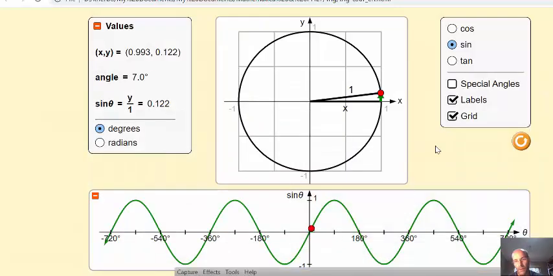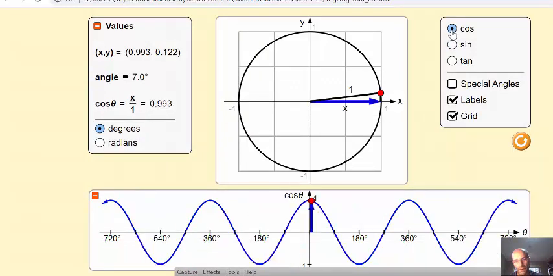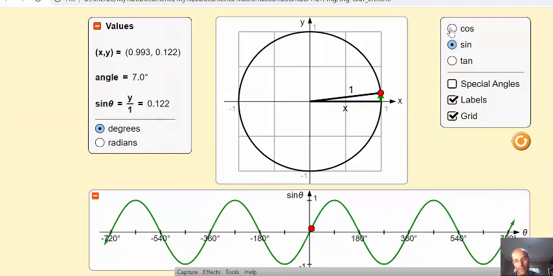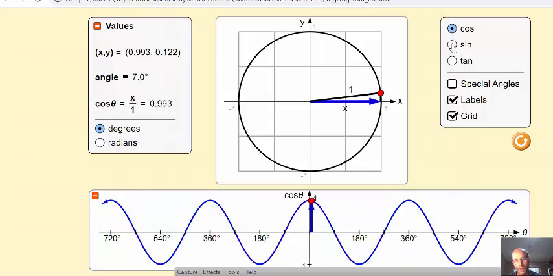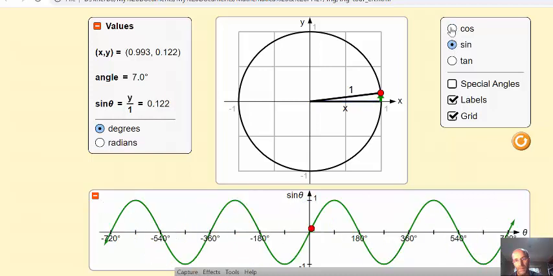Now we're going to switch it over to cos theta, which is very similar. Have a close look as I shift it over. And I use the word shift because did you notice that the graphs seem to be the same, but one is shifted compared to the other. It's a bit like cos is shifted a little bit to the left, but the shape is the same.